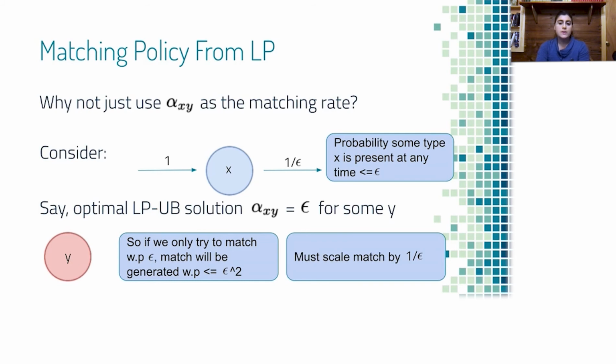Right, and so the intuition here is, for types that are extremely rare, that are only there a little bit of the time, you need to be generous and give them a lot of chances to match, because you're often going to be looking to match with them and they won't be there. And this will help you scale to the actual matching fraction you're getting.